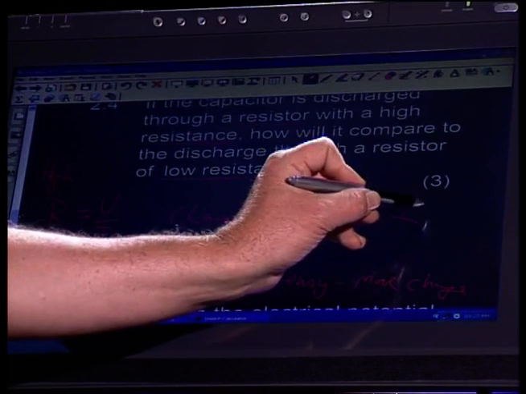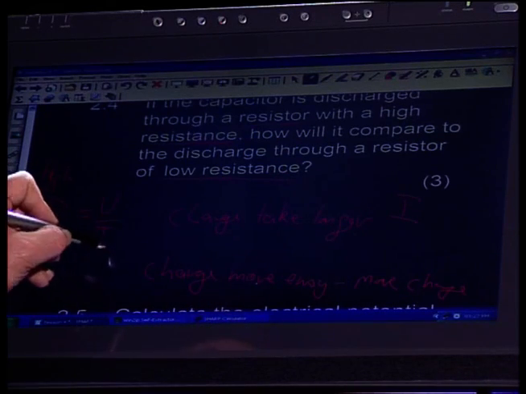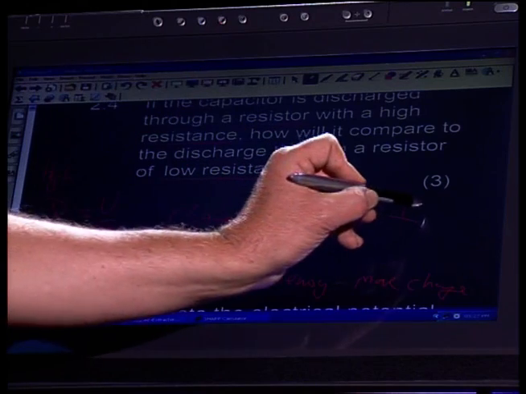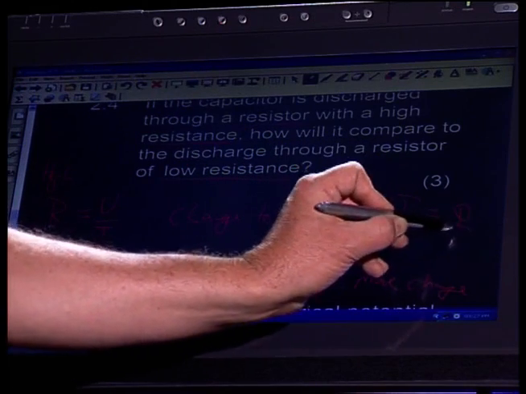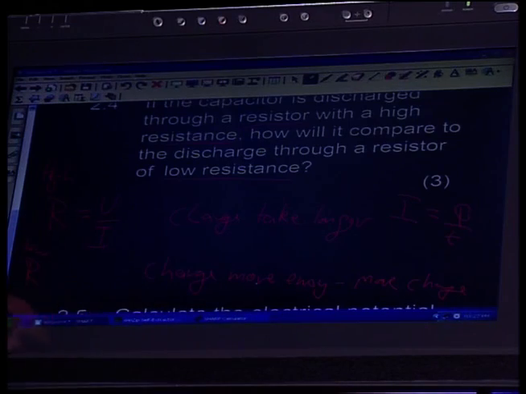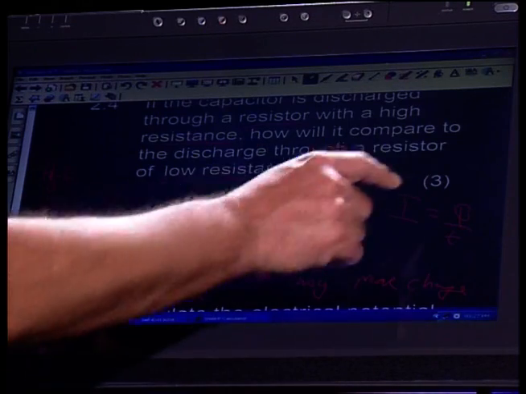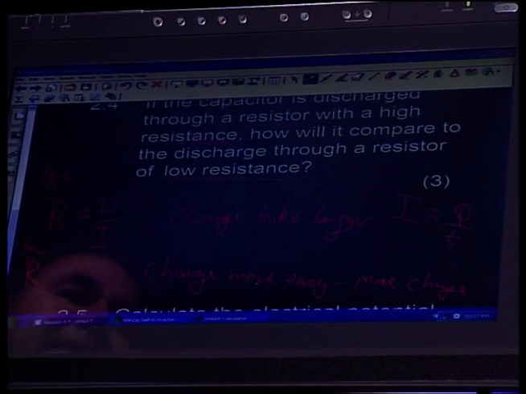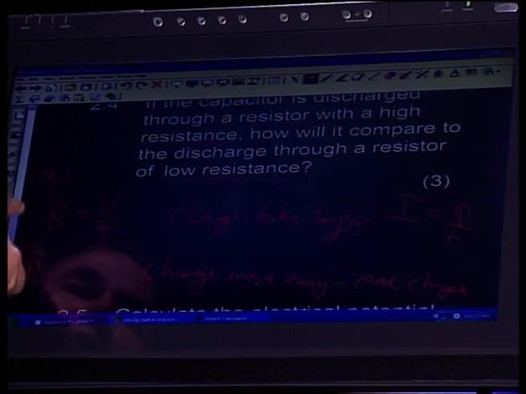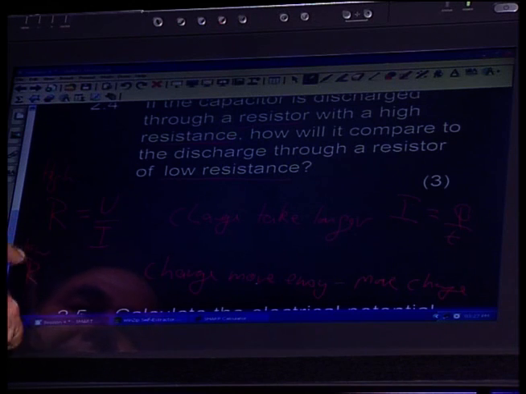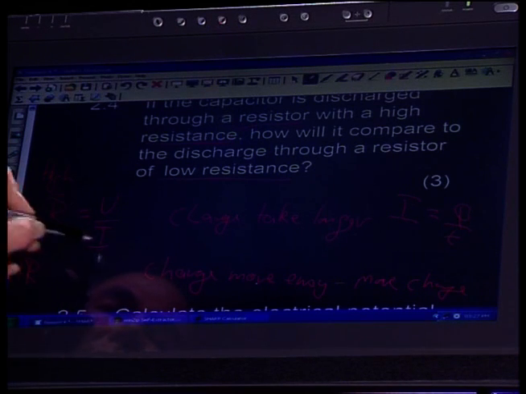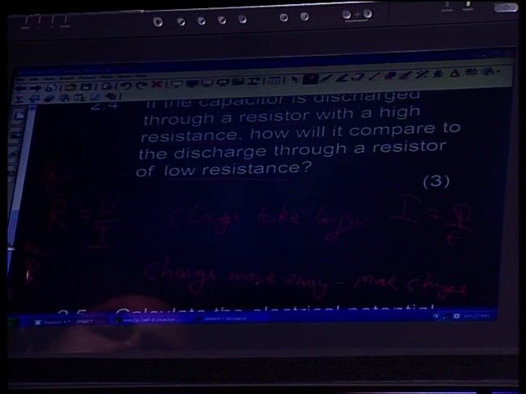Get that? Recognize that there's a relationship between resistance and current, and also between current and charge and time. So if you've got more charge moving, current is able to move more freely. Recognize that the relationship between resistance and current is an inverse relationship.